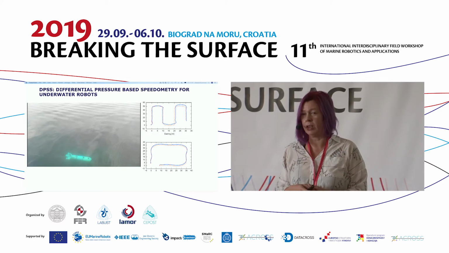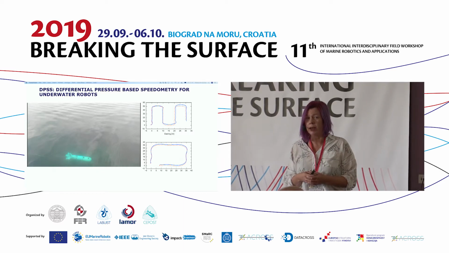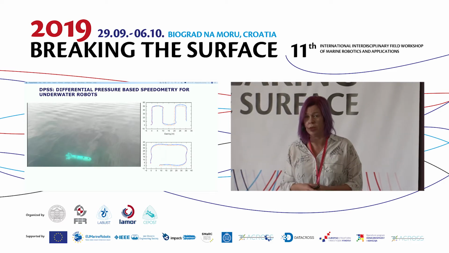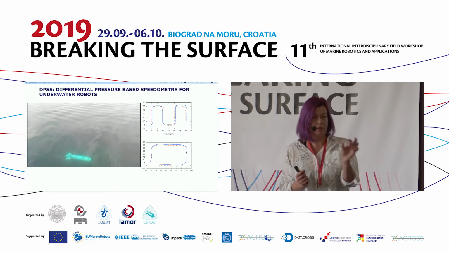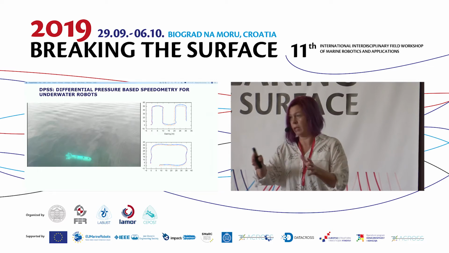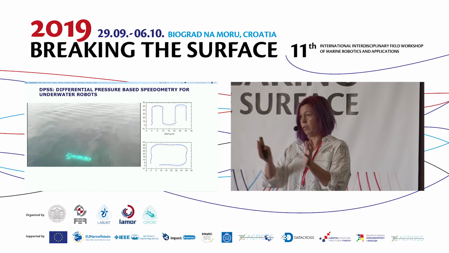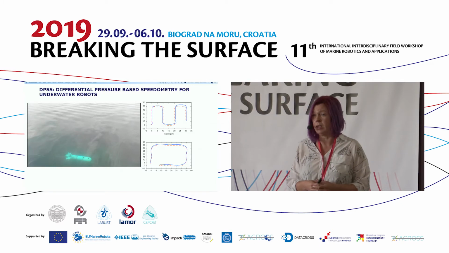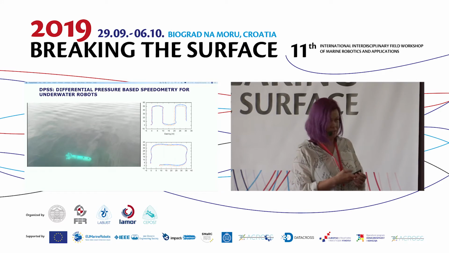One of the advantages is it's a completely passive device, so it doesn't emit anything, and it doesn't take energy for emitting something, so its energy consumption is basically almost nothing. It's very small, so you can put the holes very close to each other, whereas DVL is, as you know, a pretty bulky thing and you need a big robot. So DVL probably is not a good choice when you have a small robot because it takes all your space. And finally, it's much, much less expensive. So 3 advantages at least.